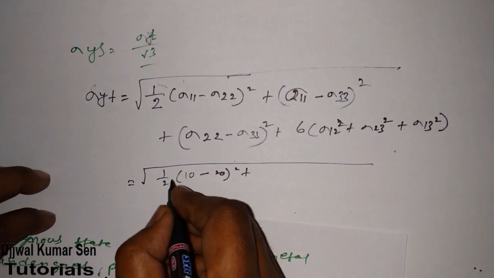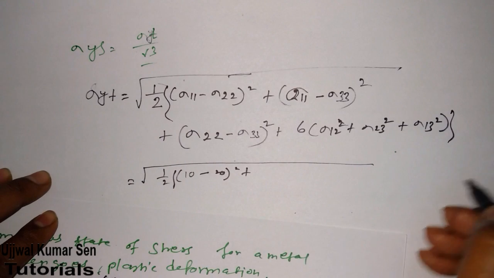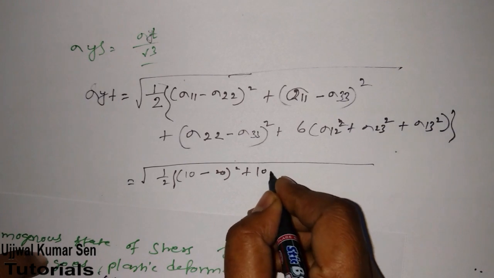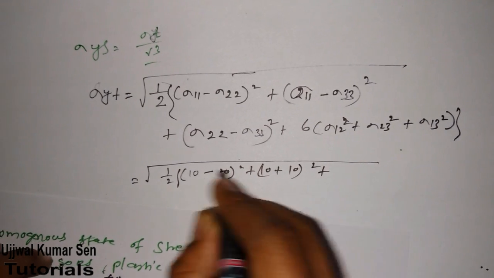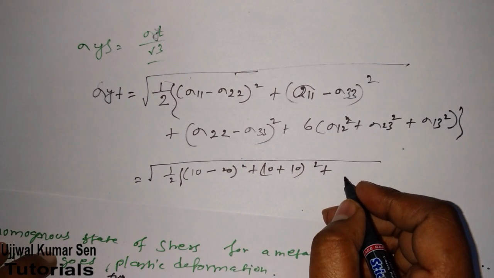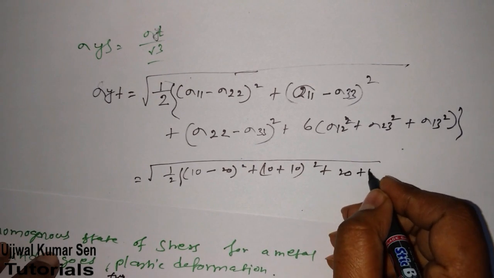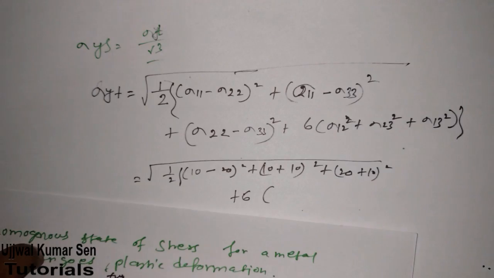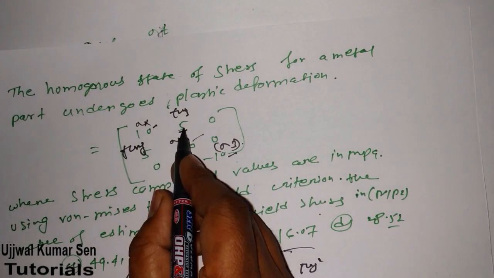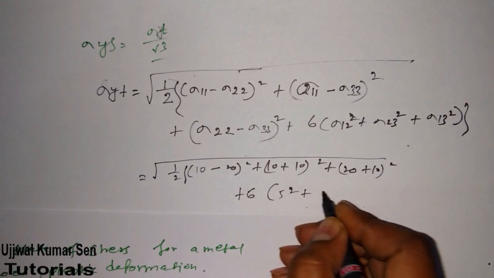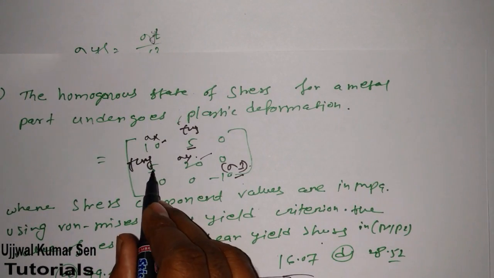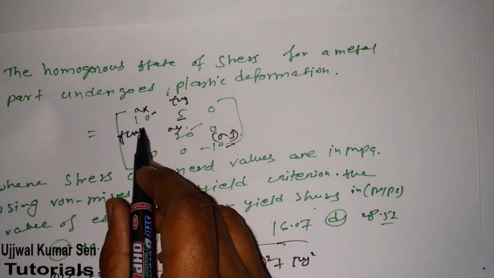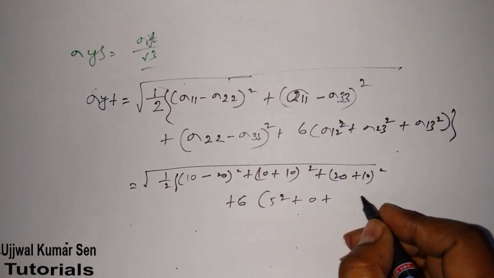Half is there, so we put this half in a bracket. Then sigma 11 minus sigma 33, so 10 plus 10 square, and sigma 22 minus sigma 33, so sigma 22 is 20 plus 10 square, plus 6 times sigma 12, which is 5 here, so 5 square. Sigma 23 is 0 and sigma 13 is 0.